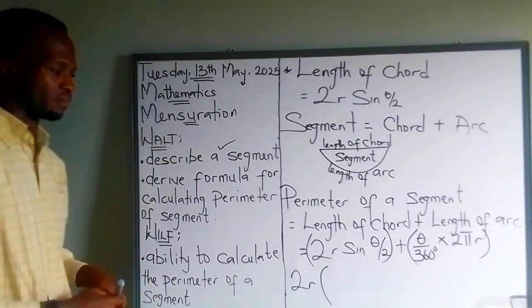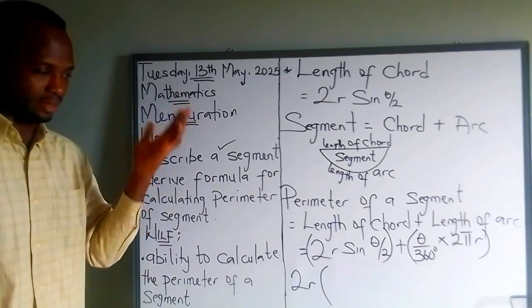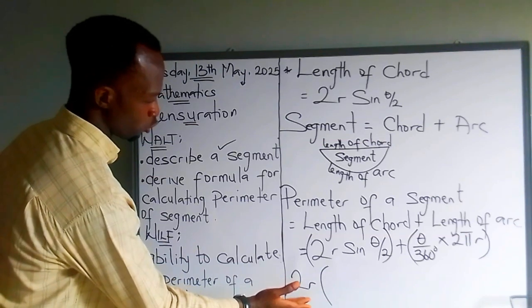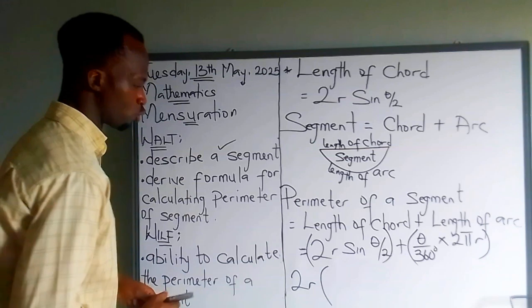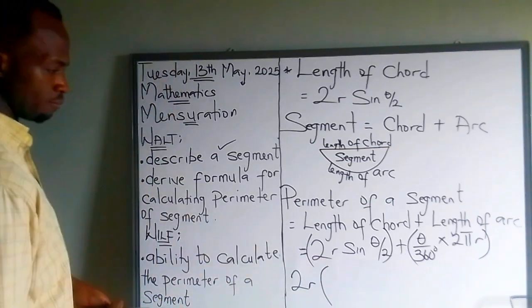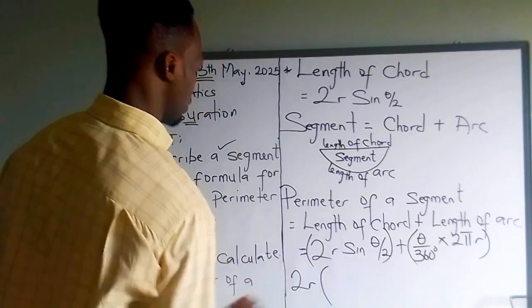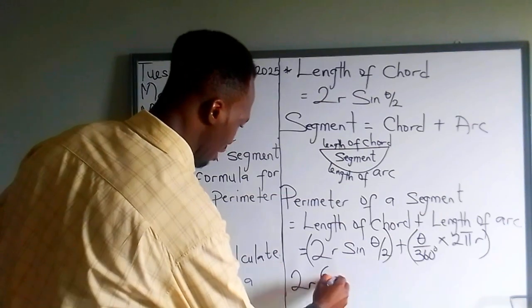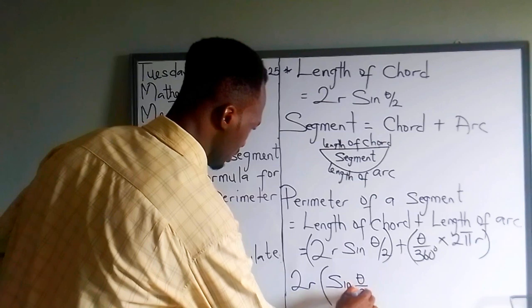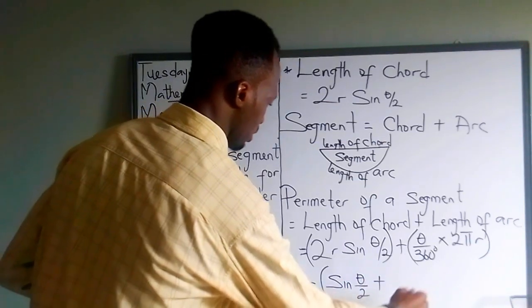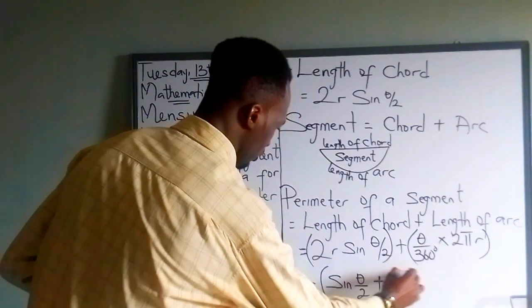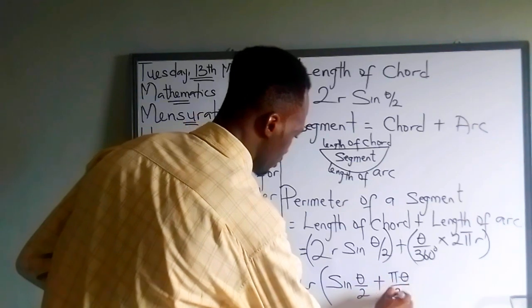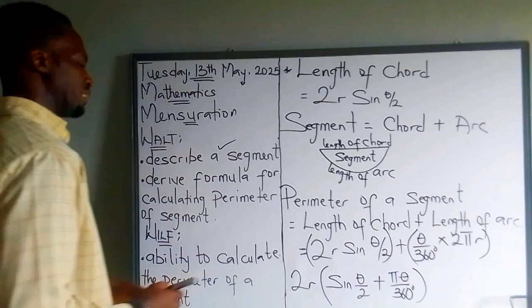By factorization, if you remember factorization in algebraic expressions and equations, this is where to apply that. If you factorize 2r and divide this term by 2r, we are left with sine theta over 2 plus, for the other term divided by 2r, pi theta over 360 degrees.